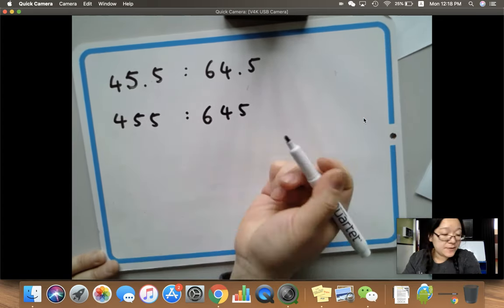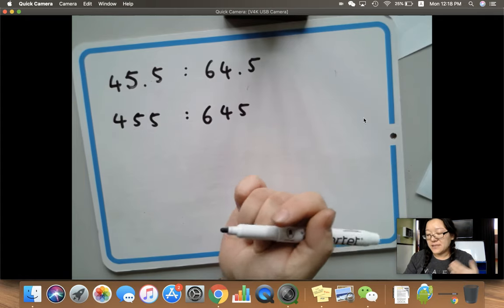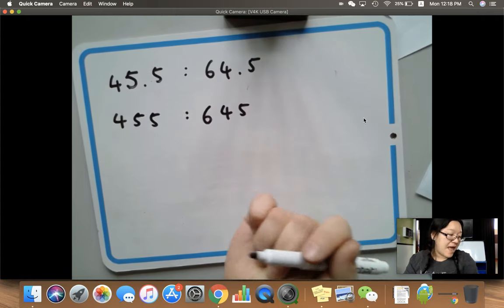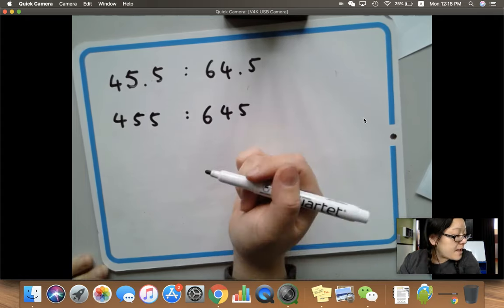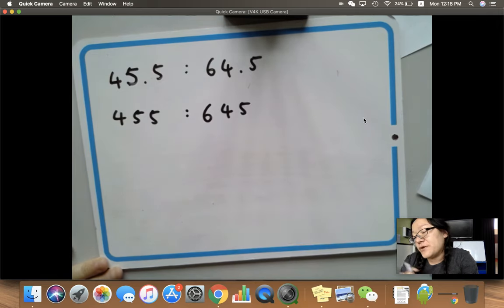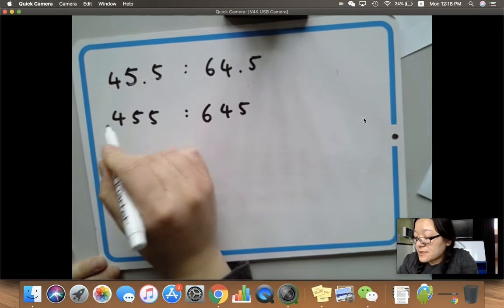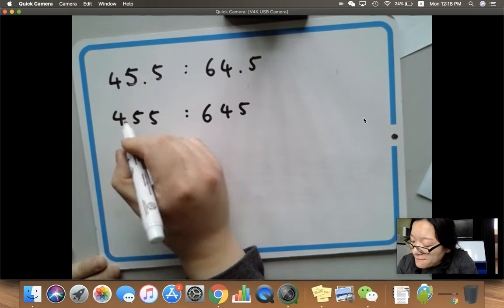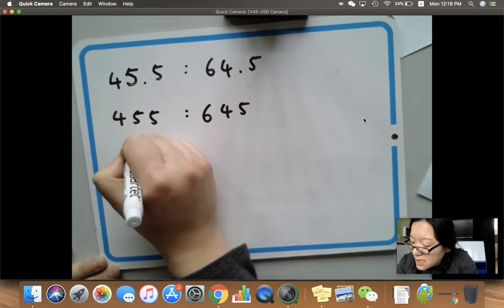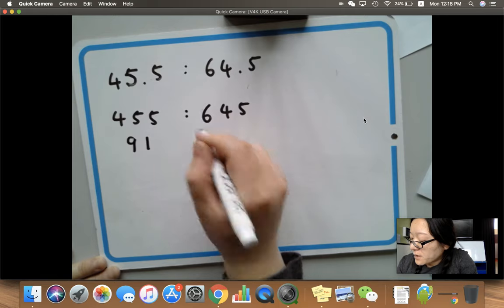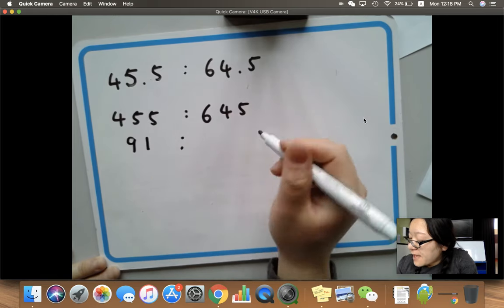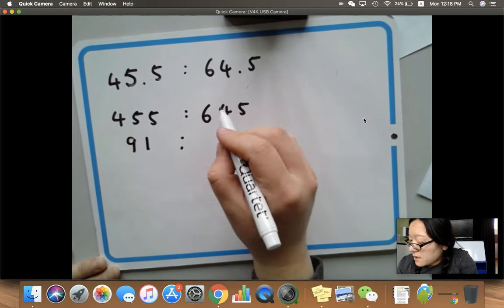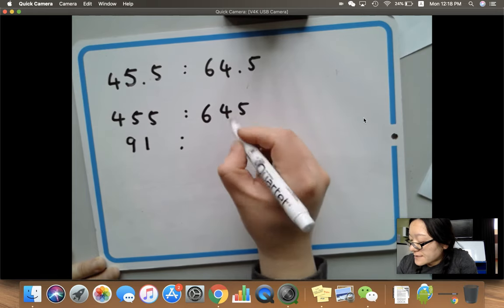Now, how do we simplify that? It's pretty simple. Just like with the other numbers, you're just going to divide by numbers until you get to the smallest that you can. I can see that they both end in 5, so I know it's going to be divisible by 5. So 455 divided by 5 is 91. And 645 divided by 5, there's going to be a 9 somewhere.